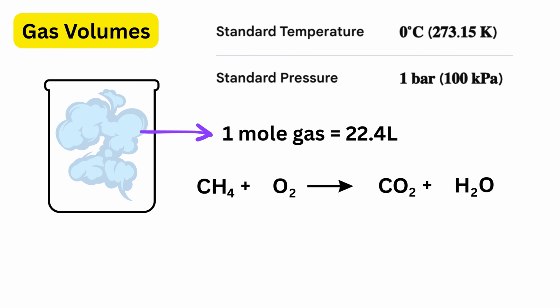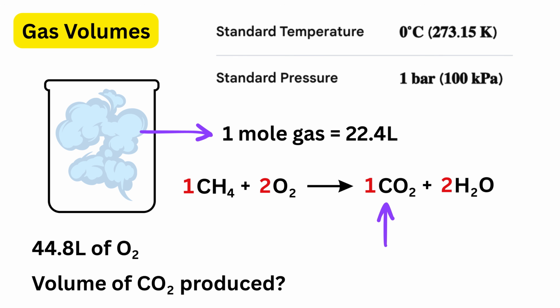The balanced equation tells us that 1 mole of methane reacts with 2 moles of oxygen to produce 1 mole of carbon dioxide. Now suppose a question says that 44.8 liters of oxygen gas are available at standard temperature and pressure, and asks us to find the volume of carbon dioxide produced.